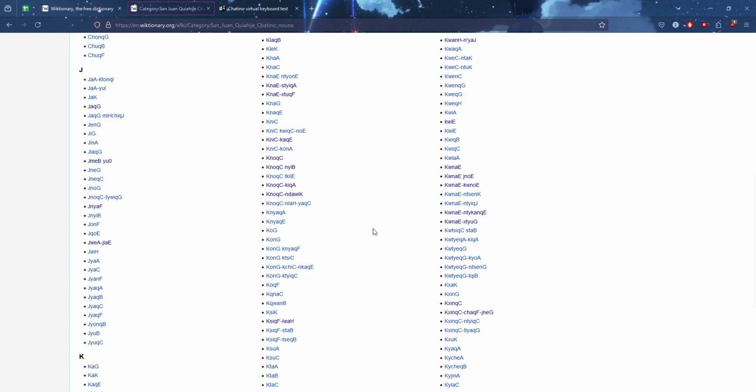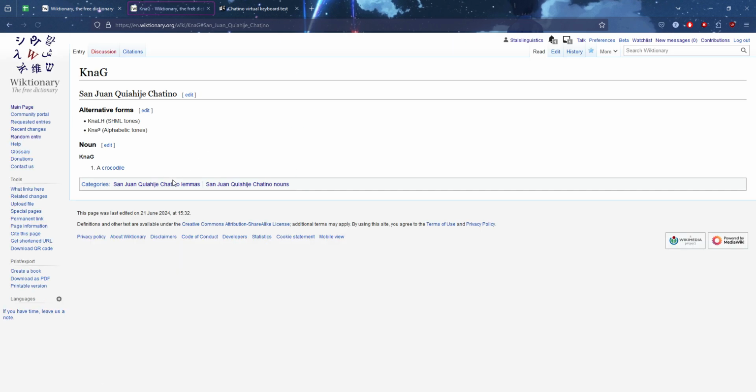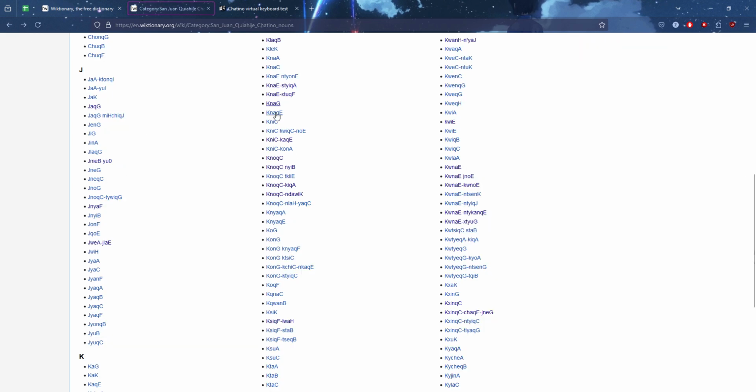However, the benefit of this is that you can actually hover over these and it'll give you a brief preview of that definition. So you'll see that this actually means crocodile. If I click on it, it'll take us to this page, it just simply says a crocodile. Again, no specifics were mentioned.